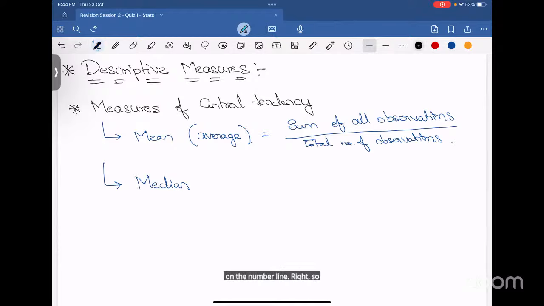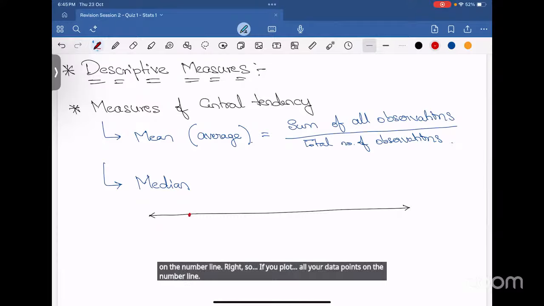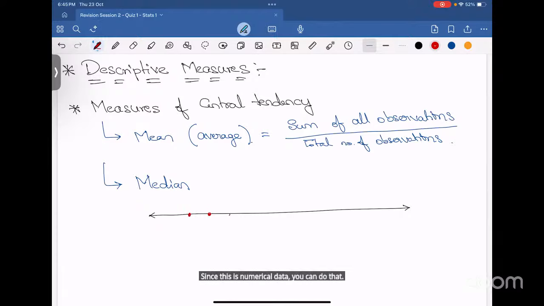So if you plot all your data points on the number line, since this is numerical data, you can do that. If you plot all your data points like this, how many? 1, 2, 3, 4, 5, 6, 7, 8, 9, 10. So there are 10 data points, right?